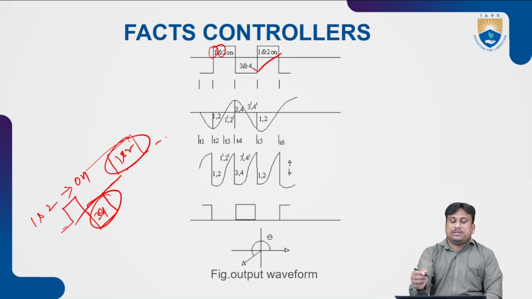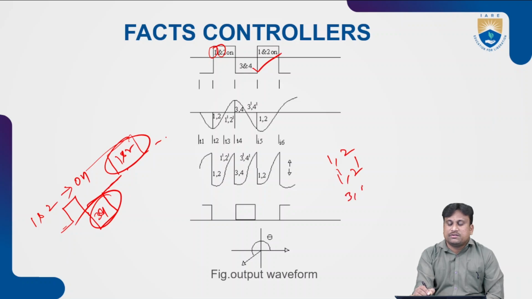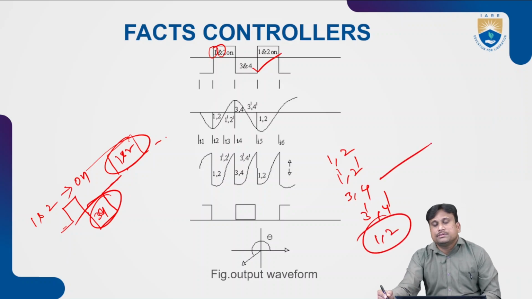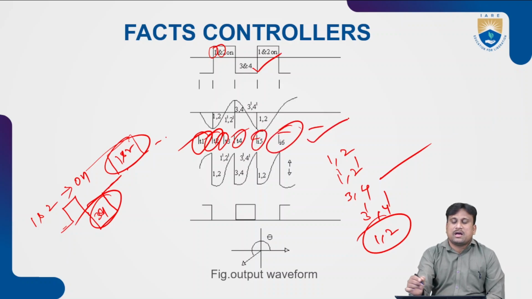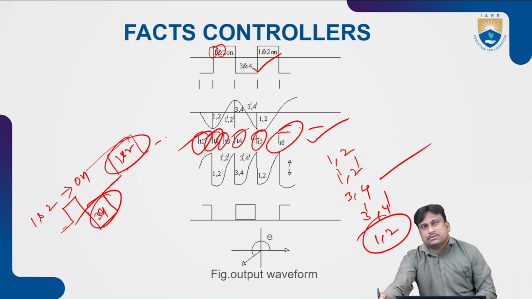As it follows the device sequence, the combination may exist as 1 and 2 with the 1' and 2' combination, and 3 and 4 with the 3' and 4' combination. All these sets of combinations are triggered at T1, T2, T3, T4, T5, T6, and for those respective time periods the current combinations follow.